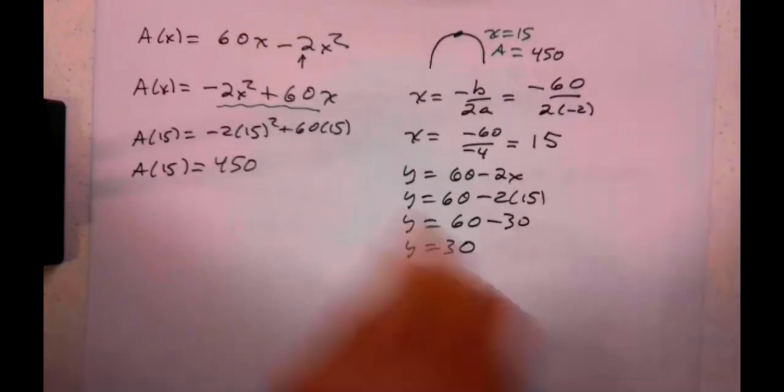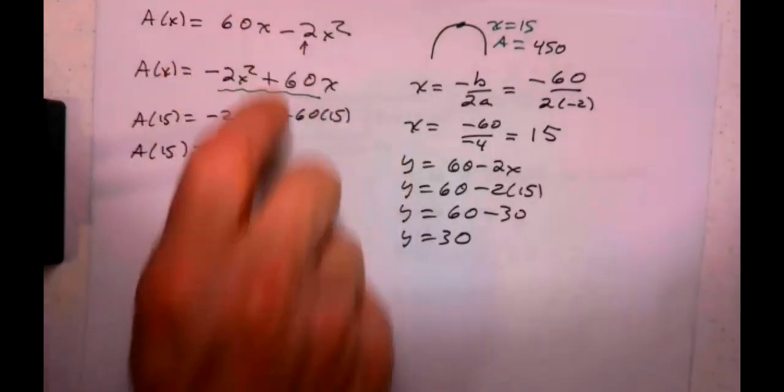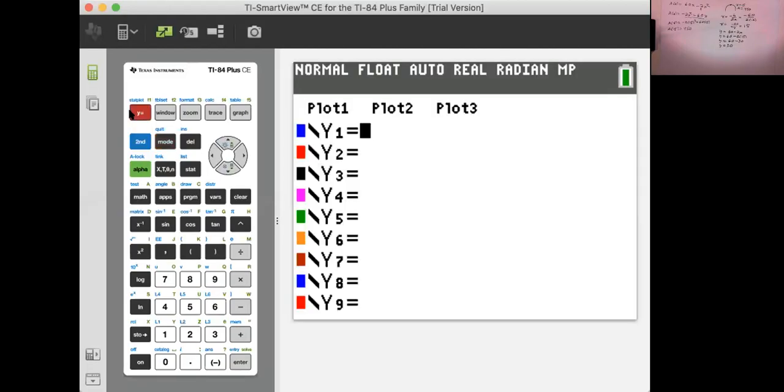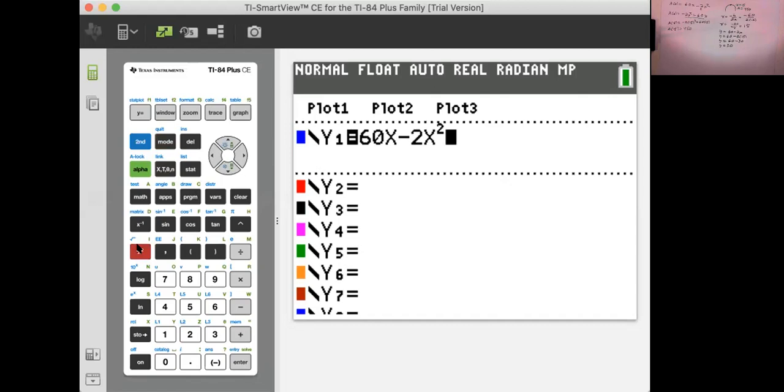And I want to show you one other way we could have done this, and that's using the graphing calculator. So we'll find the maximum of this area function. So let's pull up the graphing calculator. Put in Y equals 60X minus 2X squared. We want to go ahead and establish our window.